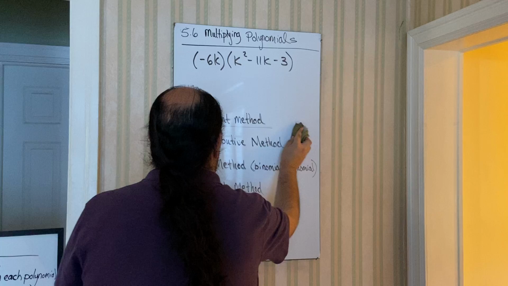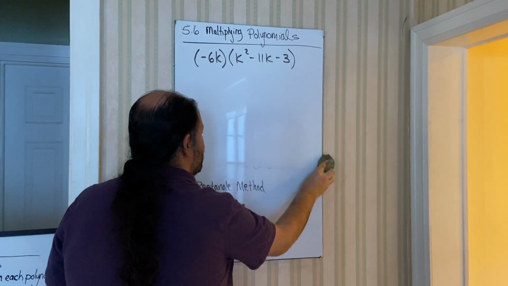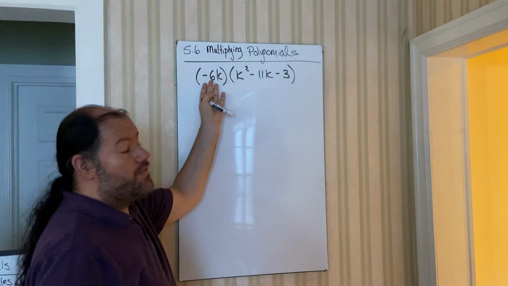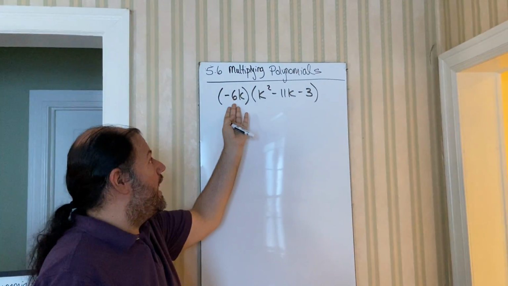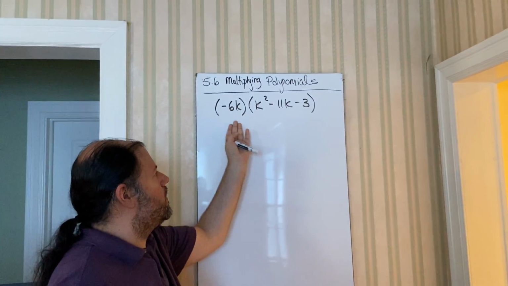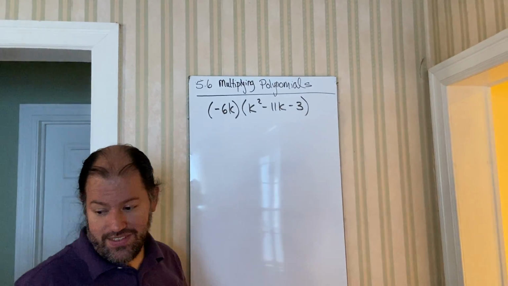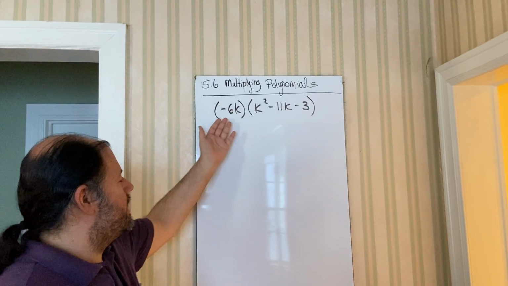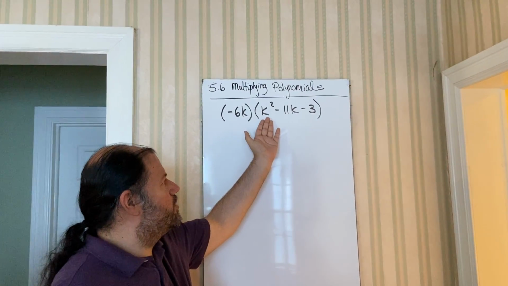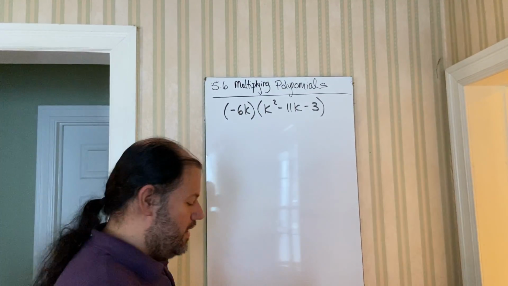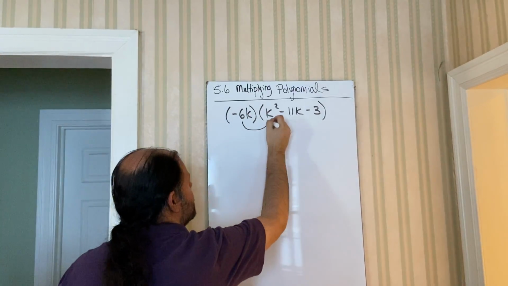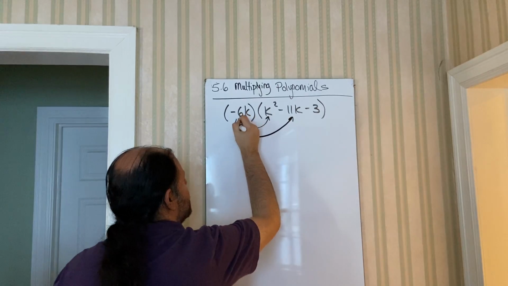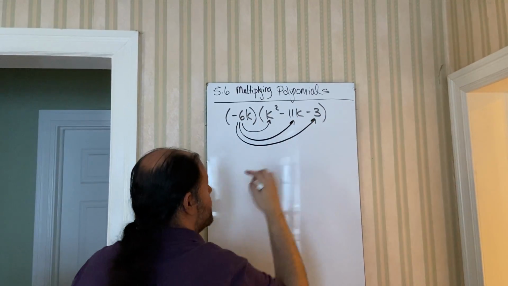The distributive method is saying that whatever is in this first set of parentheses, you have to distribute to each term inside the parentheses. So we're not adding an additional outside one. We're taking this set of parentheses and distributing to each term in here. So we're doing this with this, this with this, this with this.